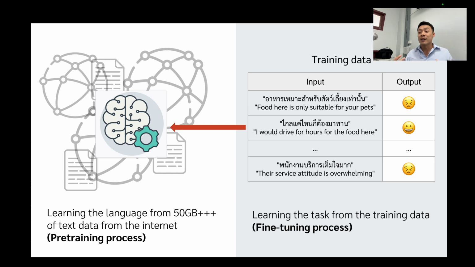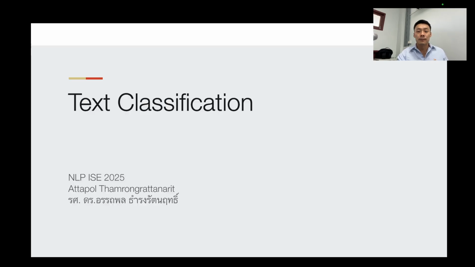So we borrow the idea from vision, actually, which is very successful. All right, so we have two steps, pre-training and fine-tuning. Large language models also do this, pre-training and fine-tuning. That's what makes LLMs really good.